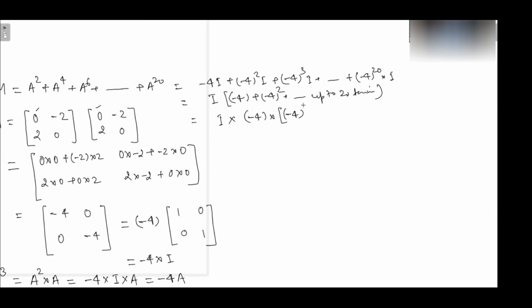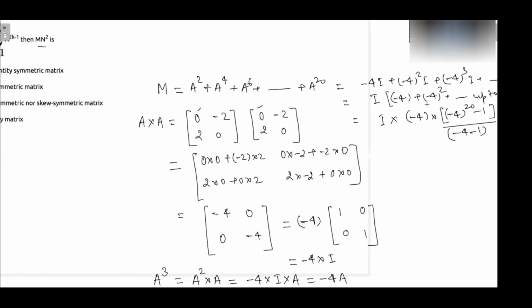So minus 4 raised to the power 20 minus 1 divided by minus 4 minus 1. So what we have got is 4 by 5, and then this will be minus 4 raised to the power 20, which is 4 raised to the power 20 minus 1 into i. That is what we have got. This is what is my M. So we have got M over here, right?